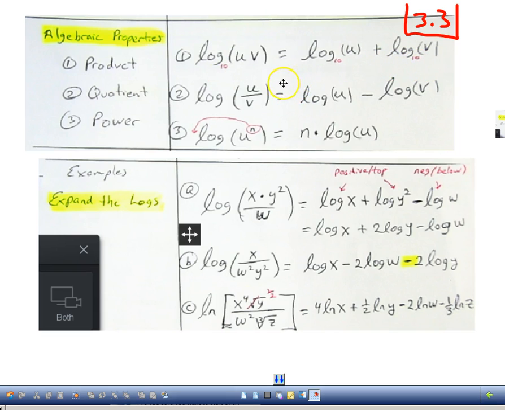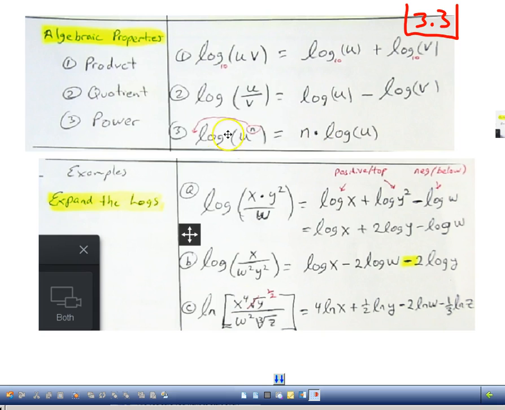Okay? Alright, the quotient property says the following. If you have log of u divided by v, these could be variables or numbers, then you can rewrite it as log of u minus log of v.